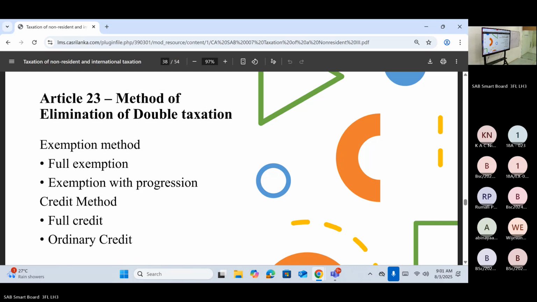Maximum tax rate, right? Also, an important point: to get the benefit under the double tax avoidance agreement, the person shall be a resident of one of the contracting states. That benefit is available only for a resident person. So, say there is a third country, country three.